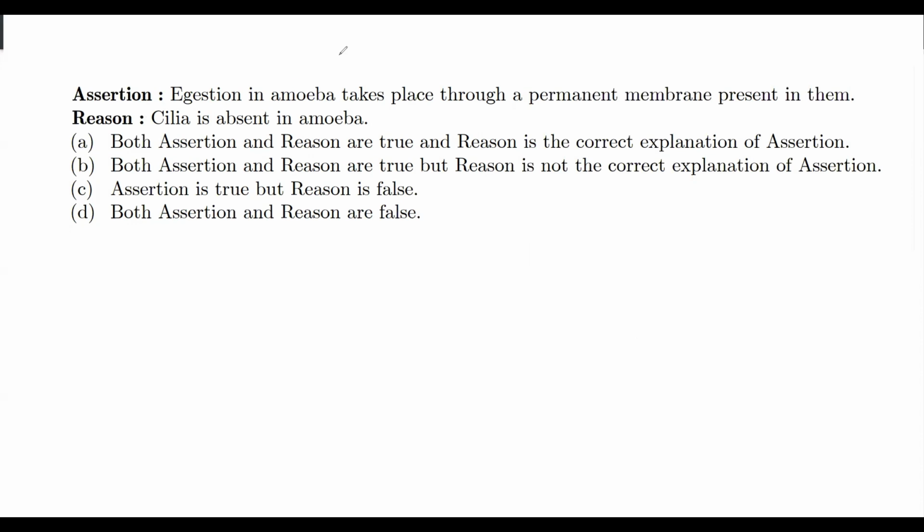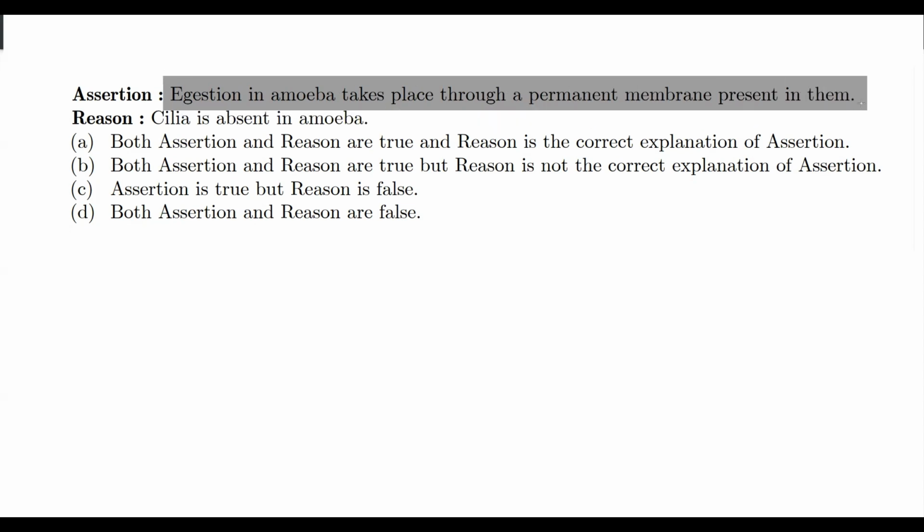Once again, I'll read it. It says egestion in amoeba takes place through a permanent membrane present in them. So in amoeba, there is no fixed shape, and there is no fixed place from where the egestion takes place. Whenever a considerable amount of undigested food is there, it is collected and removed through the membrane.